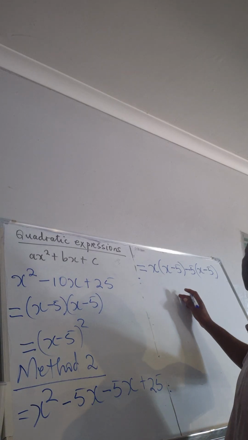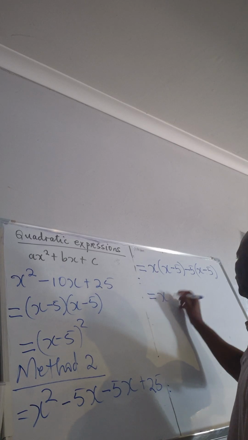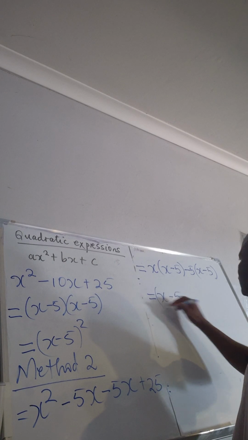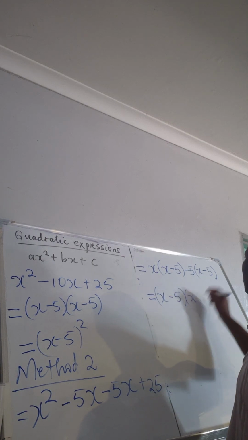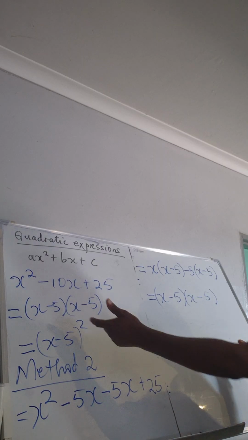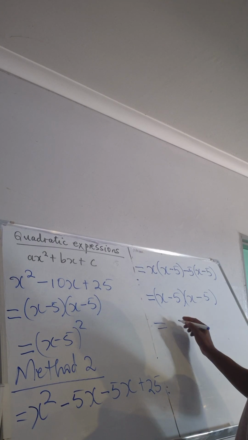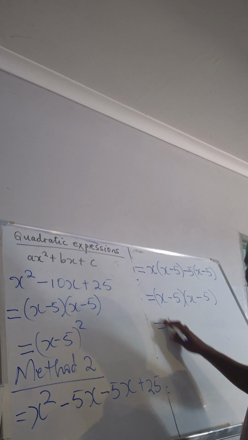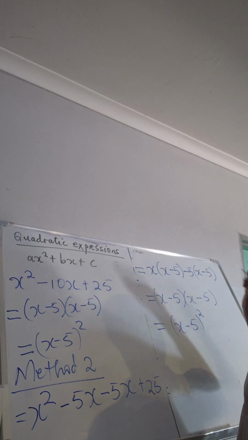Right, now there's a common factor here, x minus 5. So equal to x minus 5. Then you pull out x minus 5, which is the same as the previous one. So to appear more mathematical, it must be x minus 5 all squared.